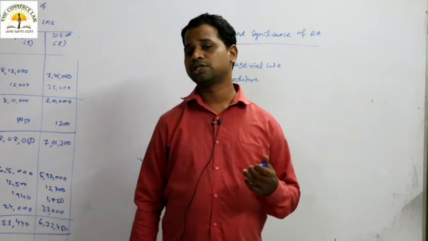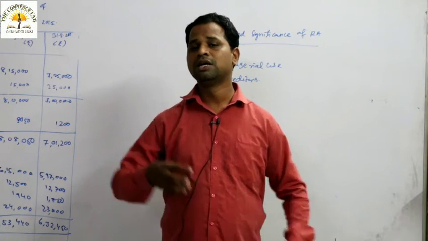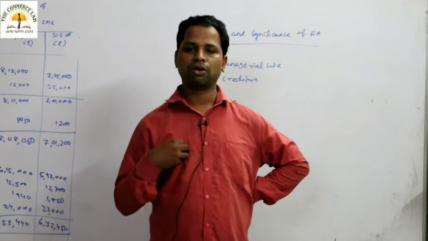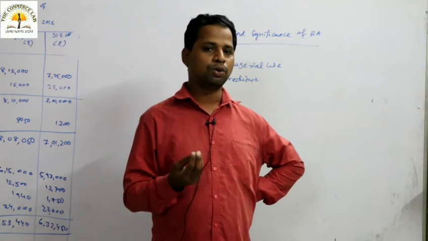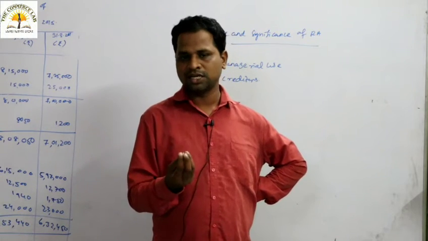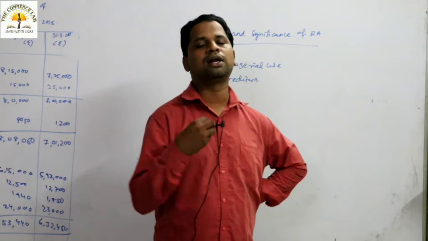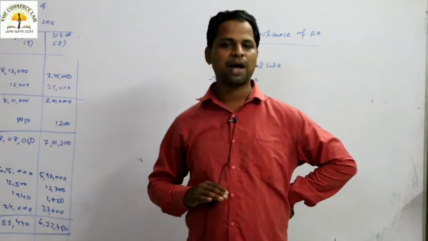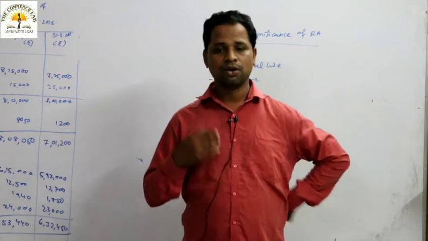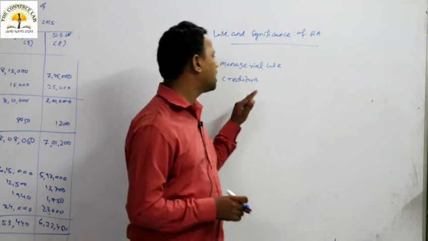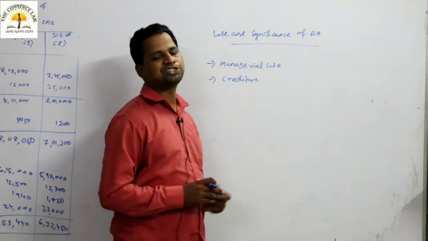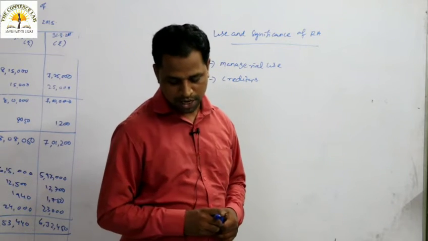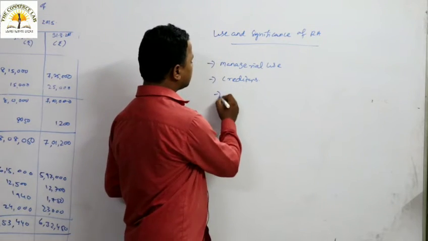So they are also interested whether your organization is having the sufficient liquidity position or not to repay the particular loan, whether your current asset is sufficient enough to cover the current liability or not. क्या आपका शॉर्ट टर्म ऑब्लिगेशन पूरा हो पाएगा शॉर्ट टर्म एसेट से, वो जानने के लिए creditors are also interested in this particular ratio analysis. They are the users. Then one, shareholders.